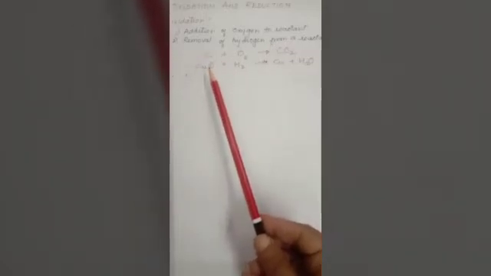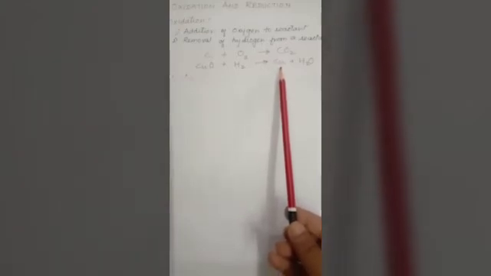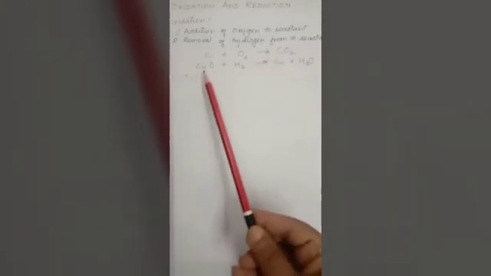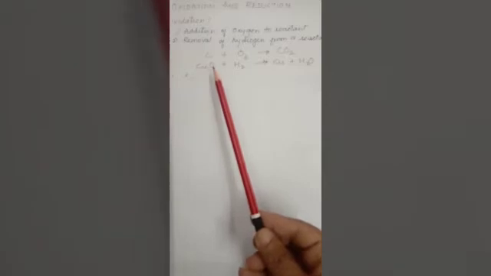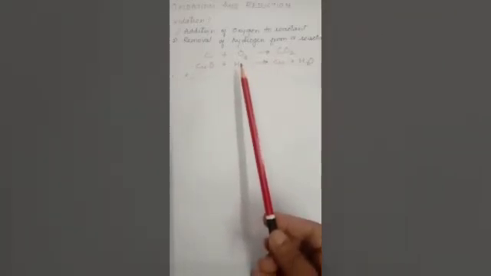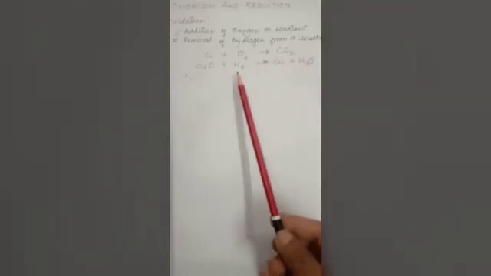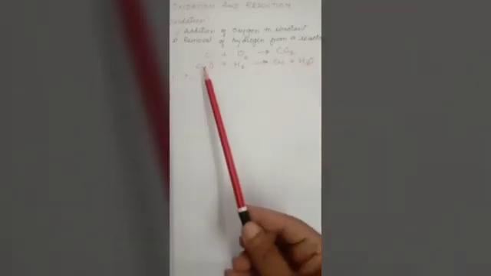Here you can see that from copper oxide oxygen is removed and it is forming copper. So you can see the size of the molecule, copper oxide is getting reduced to copper, while over here it was hydrogen to which oxygen is added and it is forming water. Clear? So here there is addition of oxygen, while here there is removal of oxygen.